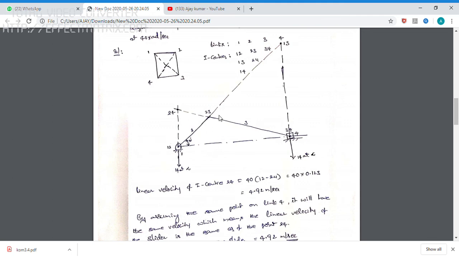If you do not follow the link lengths, this distance dimension changes, and your linear velocity changes. That's why you have to construct with proper instruments: protractor, scale, pencil, eraser. These things are very essential for this topic. In the earlier graphical method also, with the help of these instruments only we had to construct the velocity diagram.